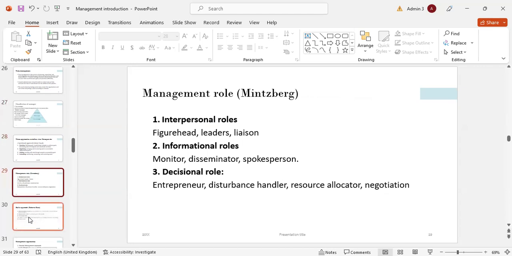Second approach is the management role approach. Interpersonal role: figurehead, leader. Informational role: monitor, disseminator, spokesperson. And decisional role: entrepreneur, disturbance handler, resource allocator, and negotiator.